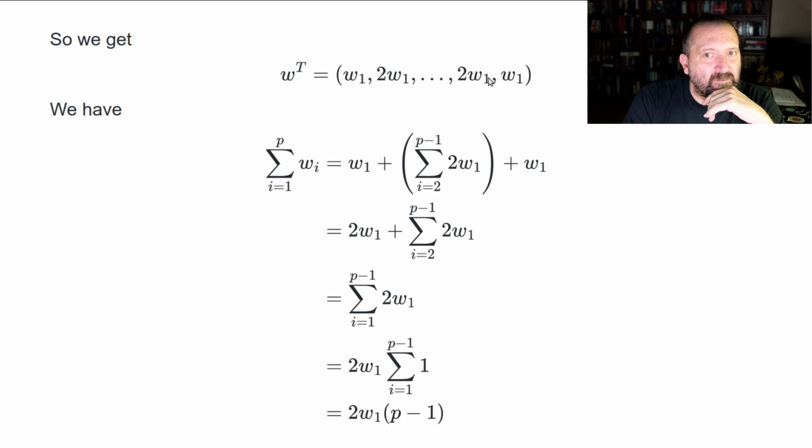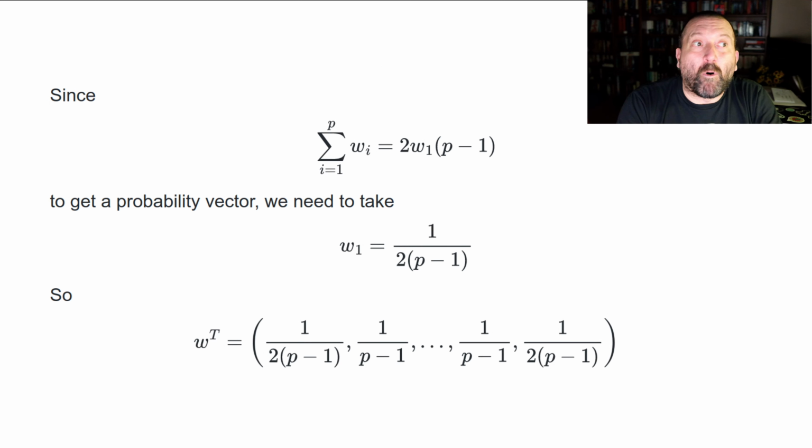What you get is the vector W1, two W1s, etc., two W1s, W1. Remember that this is my left eigenvector corresponding to the eigenvalue 1, but I want the sum of my entries to be 1, and therefore I need to divide by the sum of all entries. I get this, and therefore I need to take W1 equal to 1 over 2p minus 1.